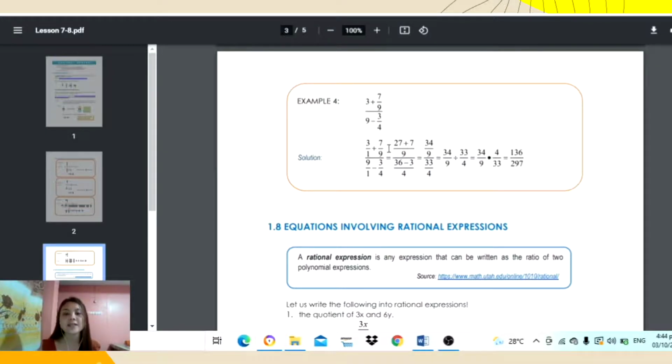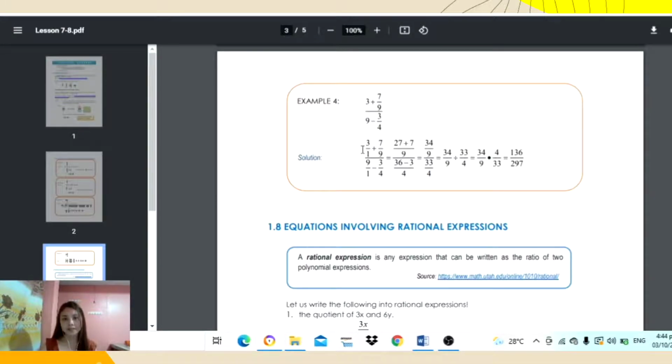Now let's have first the numerator, which is 3 over 1 plus 7 over 9. So we have to get the LCD of 9 and 1 in order to perform addition. So our LCD is 9. So we divide 9 by 1, 9 divided by 1 is just equal to 9, times the numerator, which is 3.